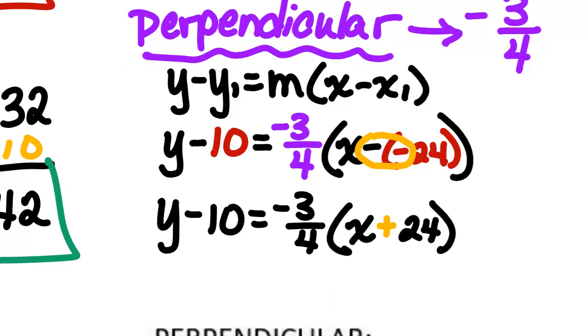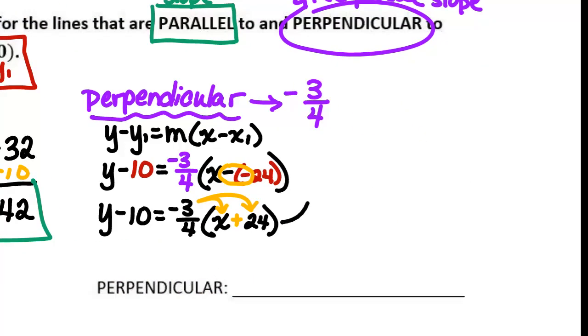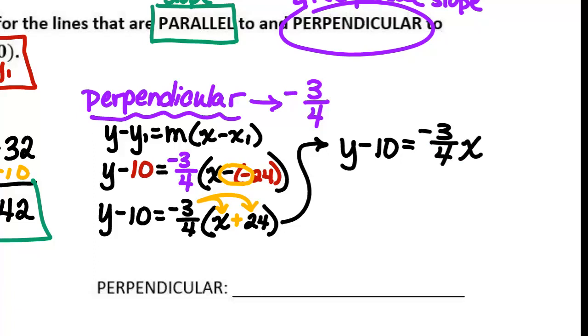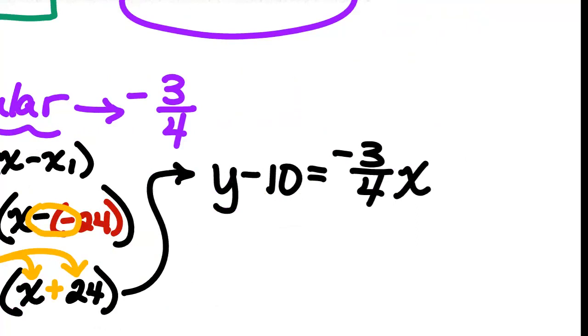Taking that negative 3/4 and distributing it. So y minus 10 equals negative 3/4 x, and then what is negative 3/4 times 24? Negative 18, so minus 18 back here.